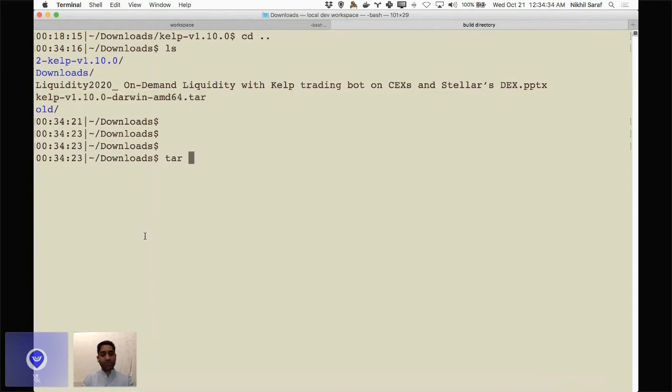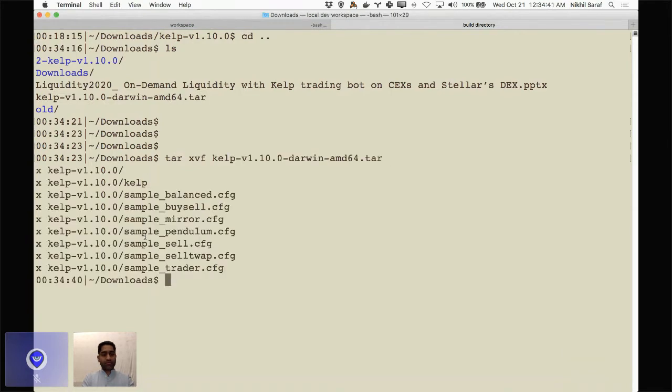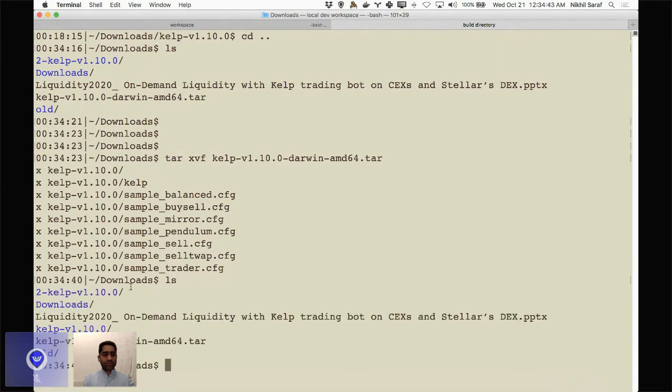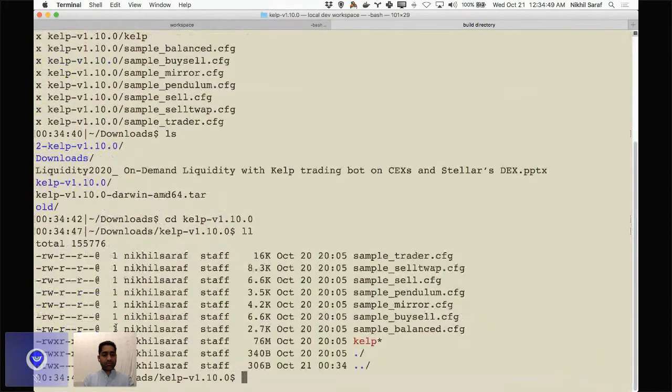So the first thing you want to do is you want to untar this file. Okay. So as you can see, it's made its own folder, and we can go in there.